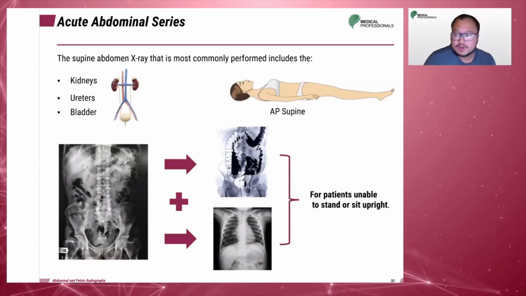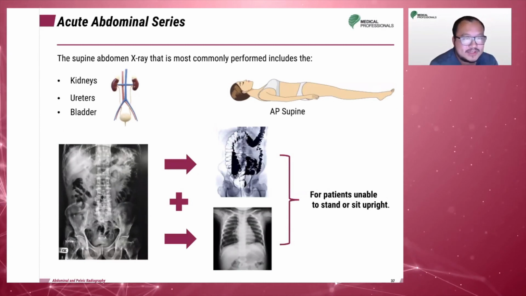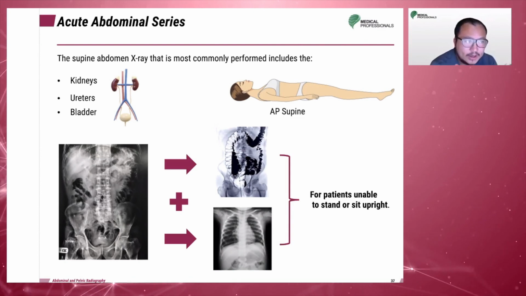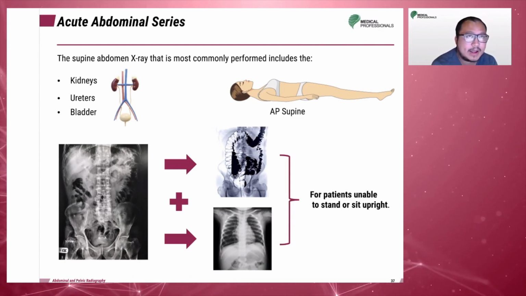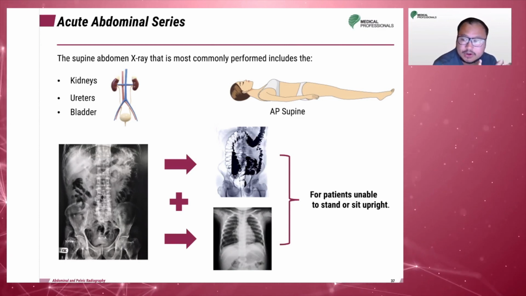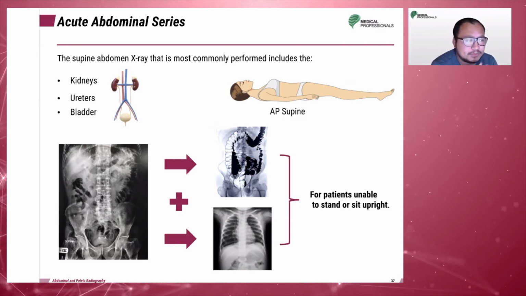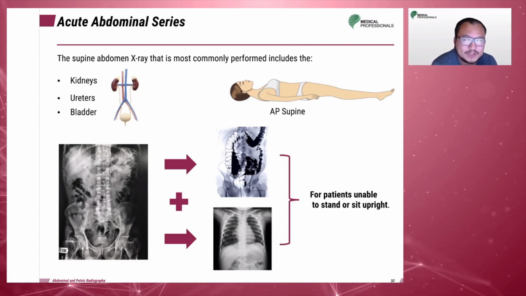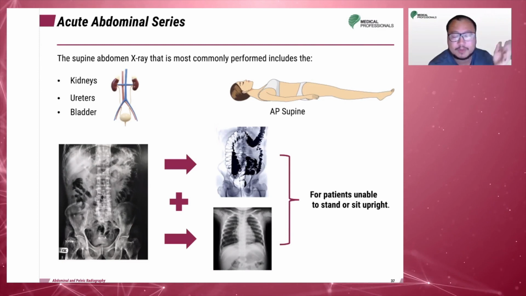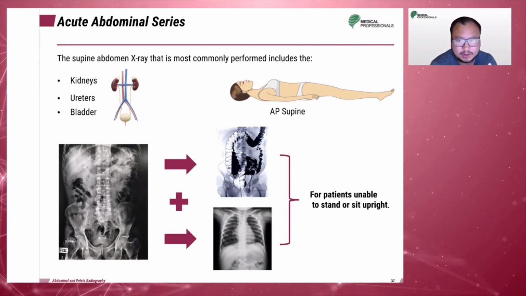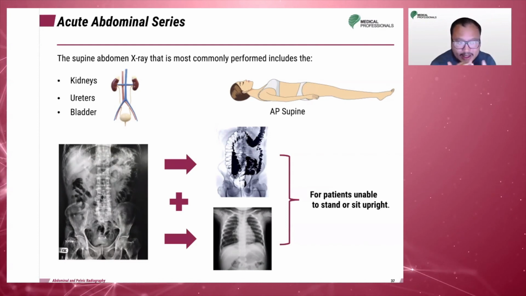Now, an acute abdominal series is a combination of exams, one of them being the supine abdomen x-ray. Okay, so a flat x-ray of a patient. Usually we want to see the kidneys, ureters, bladder on this image. Okay, some other types of procedures we may see in an acute abdominal series is an upright picture to see air fluid levels.